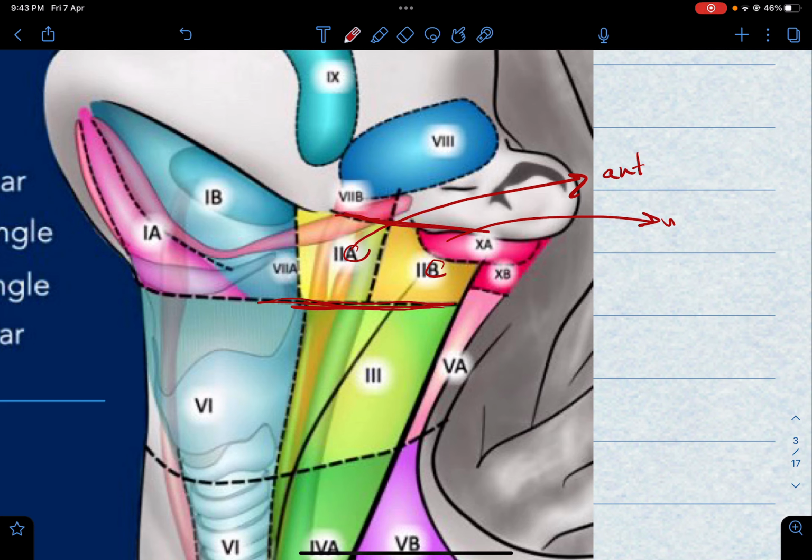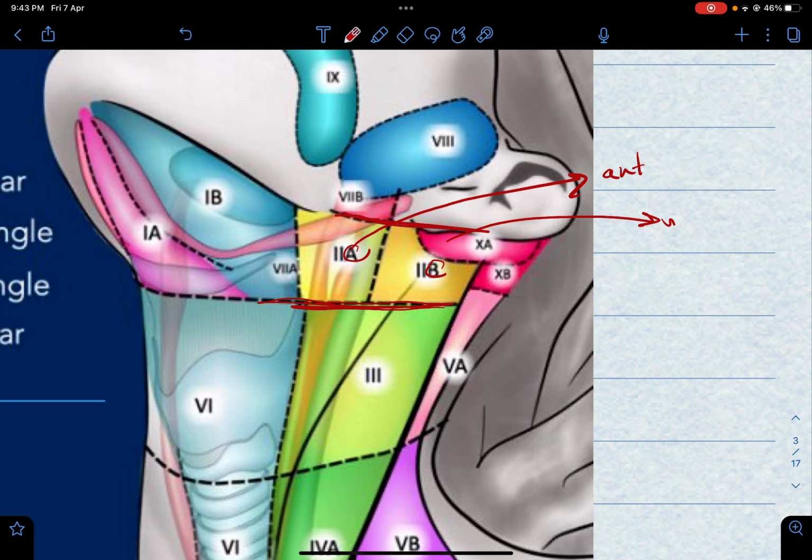Okay, so this is the thyroid, this is the cricoid cartilage. Superiorly the hyoid, inferiorly at the level of the cricoid. Anteriorly going to be the thyroid cartilage, and posteriorly going to be the posterior border of the sternocleidomastoid muscle. It's the same here as well.